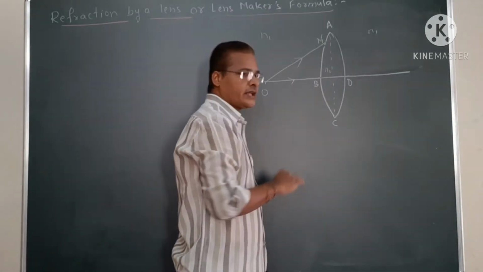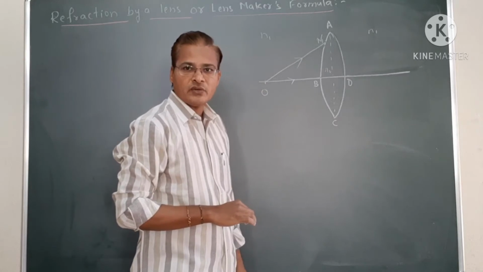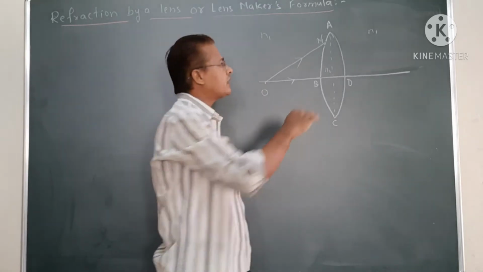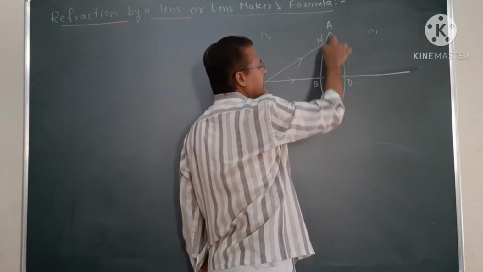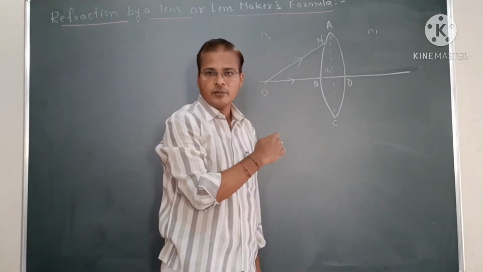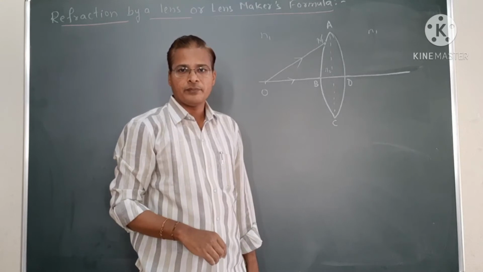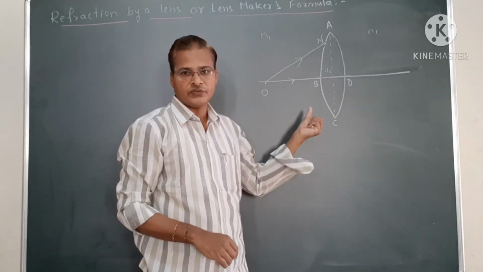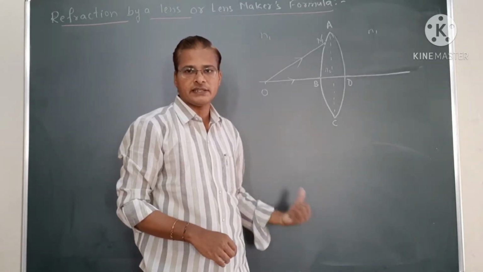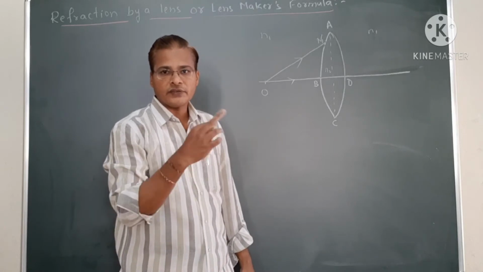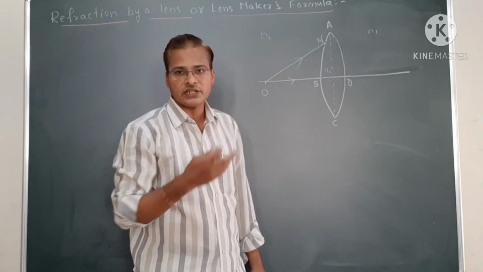How do we take the normal? As we know, there is a center of curvature for ABC and another for ADC. I am going to draw that diagram in the next figures, A and B. This is figure 1, then figure 2 and 3. I will write down the refraction at ABC and the refraction at ADC.